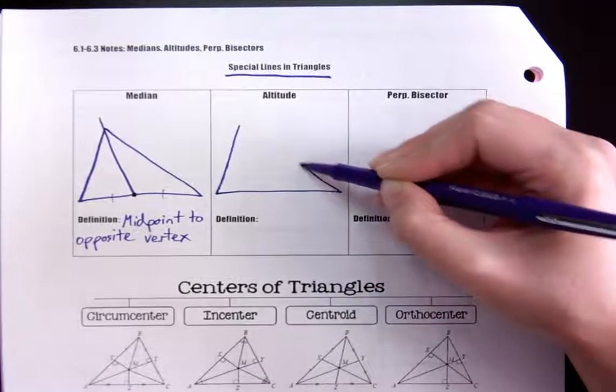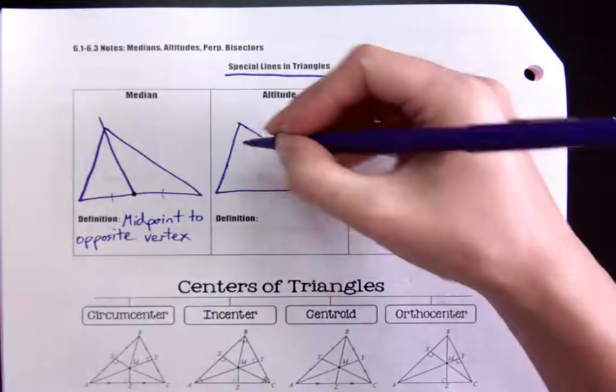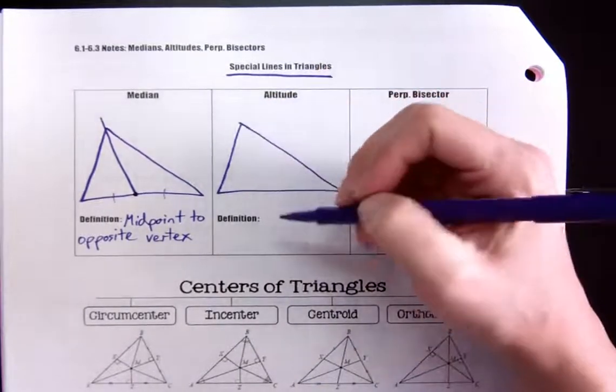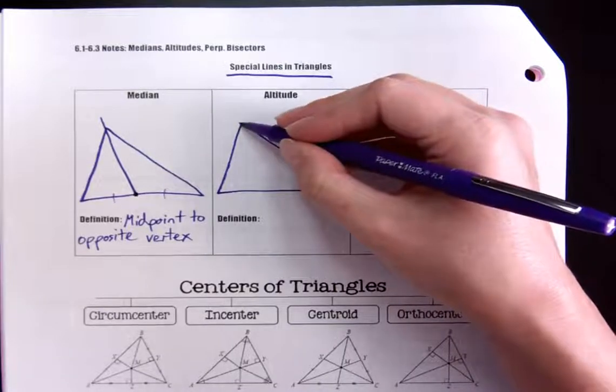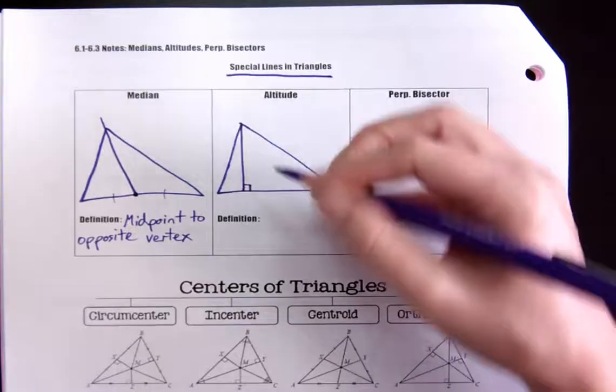Who knows what altitude is? It's just the height. And can it be slanted height, or does it have to be straight up and down height? So altitude has to be just perpendicular to the opposite side.